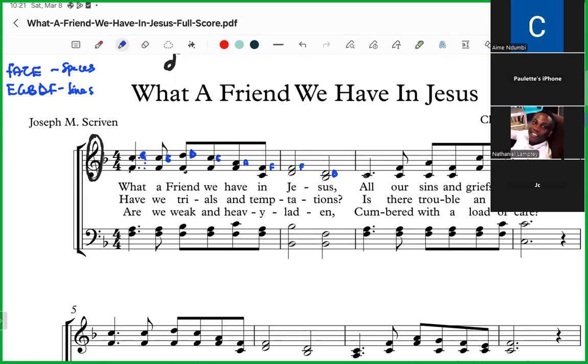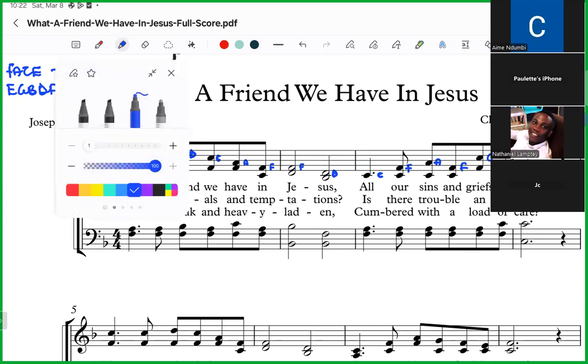So when you see a line below our first major ledger line and there's a note there, it's a C. So F, A, F, C, A, G, second space.